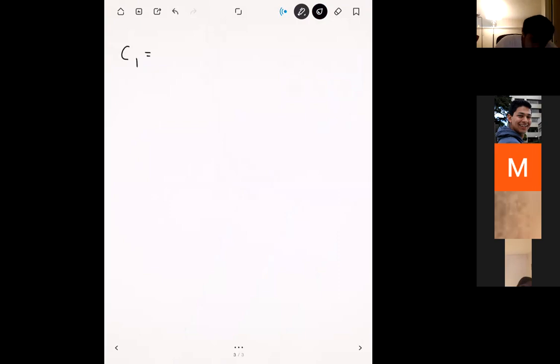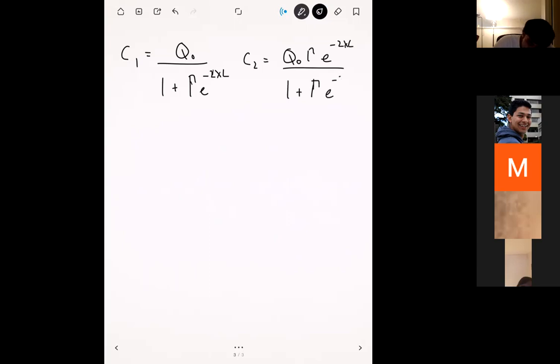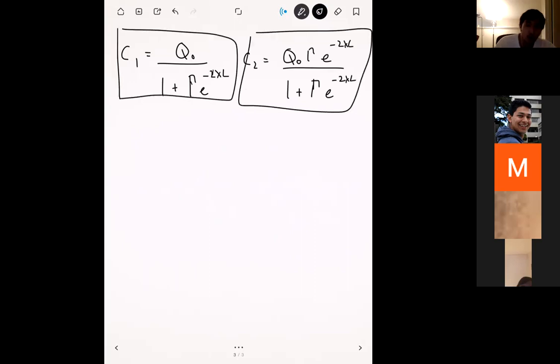C1 is going to be equal to Q naught, which was our prescribed inflow, over 1 plus gamma times e to the minus 2 lambda L. And C2 was equal to Q naught gamma e to the minus 2 lambda L over 1 plus gamma e to the minus 2 lambda L. And so these were our two constants that we can go ahead and plug back in to Q1 and P1.